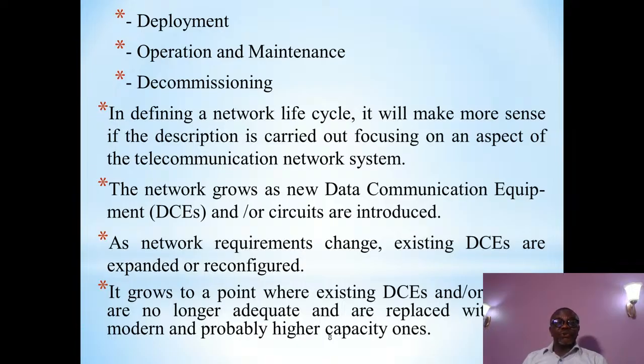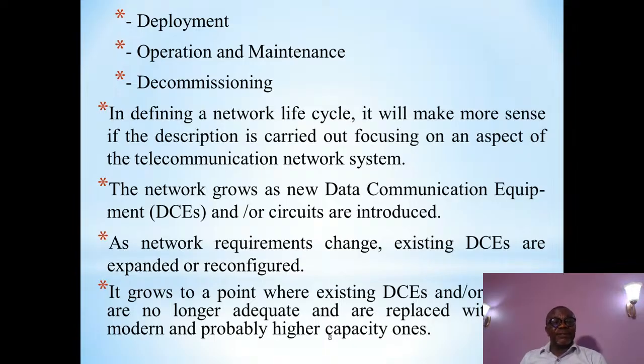I want you to look at these five items and in the comment section, tell me what and what are involved in each one. For instance, let's look at the decommissioning. When you roll out your telecommunication system, there may get to a point you are required to change from analog system or using analog devices to digital devices.